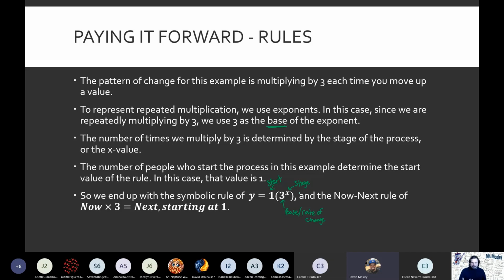And we also have the now next rule: now times 3 equals next, starting at 1. This is, again, the rate of change, and the 1 is our start value.